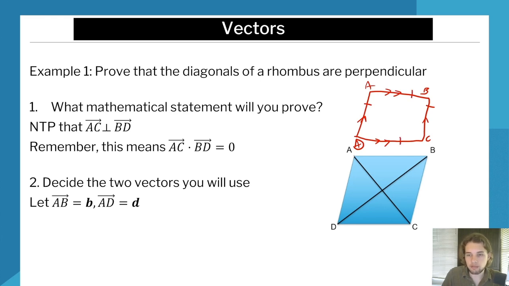So that means any vector we can make, like if we did the vector A to D, it will have the same magnitude as if we did A to B, because every straight side has the same length. So what we want to prove is that the diagonals of a rhombus are perpendicular, which is a good place to use vectors because we can use the dot product. So we want to prove that these two diagonals have 90 degrees between them, basically.